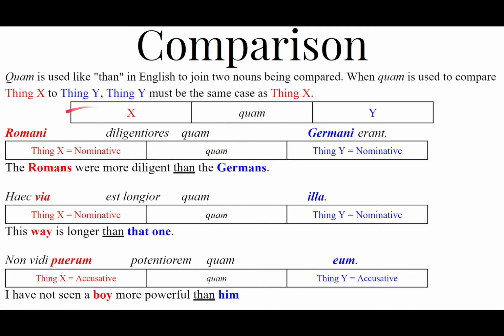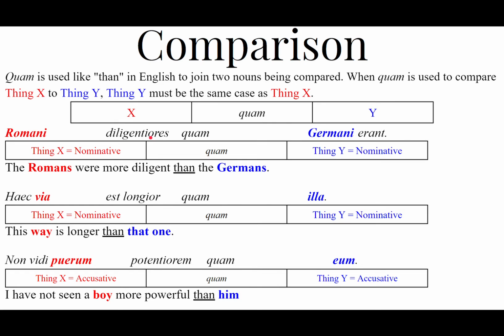Here are some examples. Romani diligentiores quam Germani erant. So the Romans, the Romani, thing X, in the nominative plural masculine, so the nominative case. They are diligentiores, the comparative of diligens, diligentis.